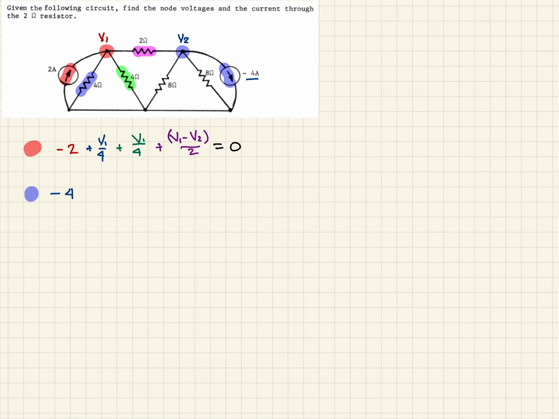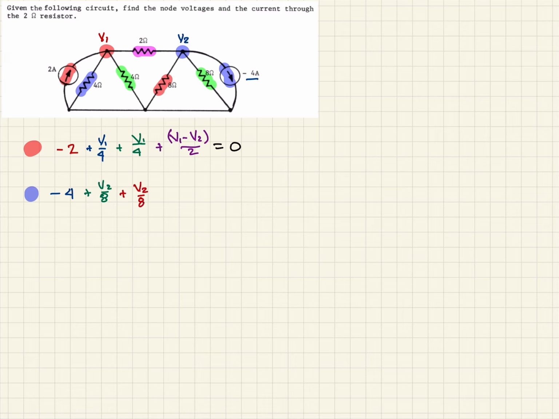All right, so again, coming around here, we will see this 8 ohm resistor right here. And so when we write the equation for that one, that's going to be plus V2 over 8. And then we will have this 8 ohm resistor here, written as V2 over 8.